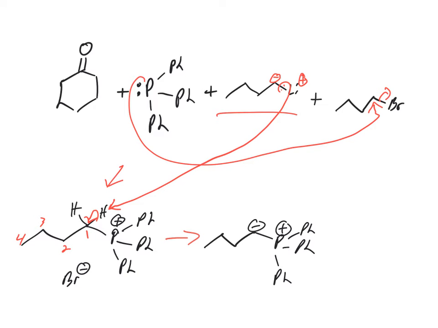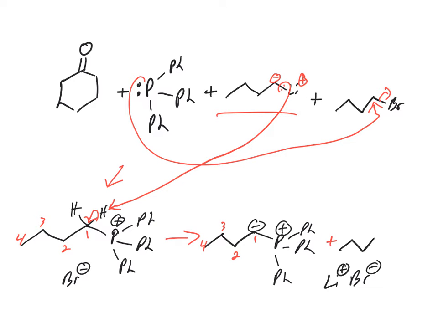You also made, so there's 1, 2, 3, 4, you made butane as well. That was from the lithium piece. And you also would make lithium bromide. If you're worried about balancing everything out, there it is. Actually, I added a carbon. Whoops.